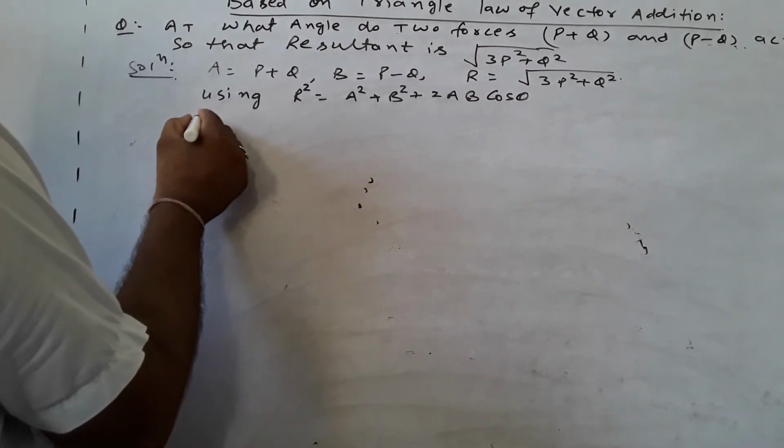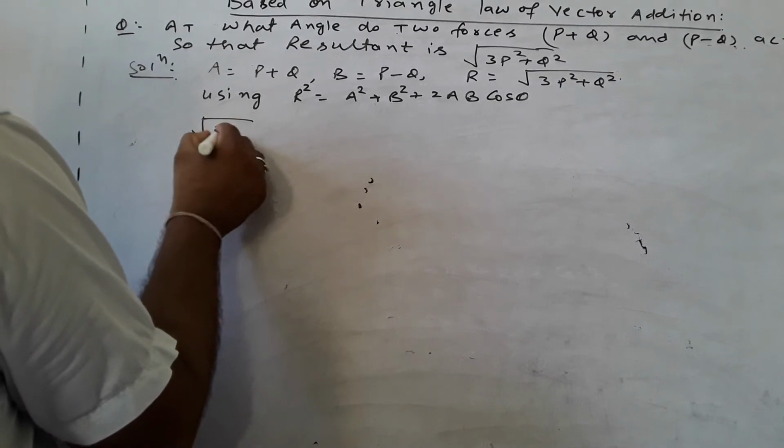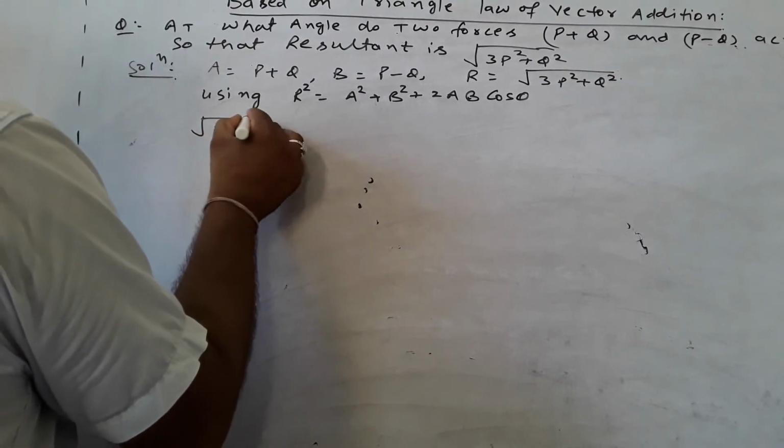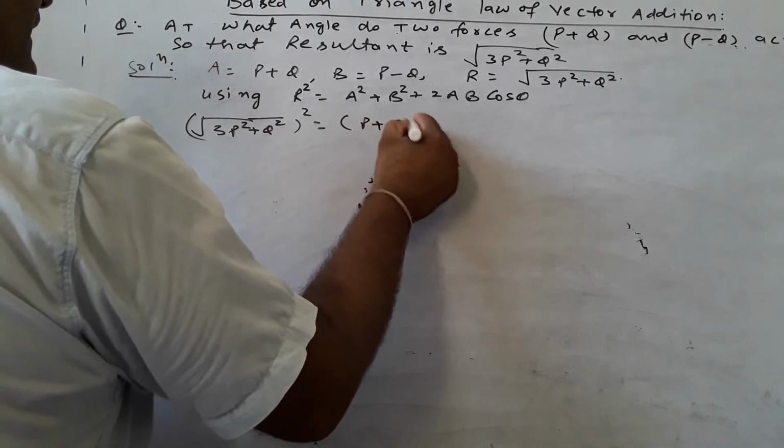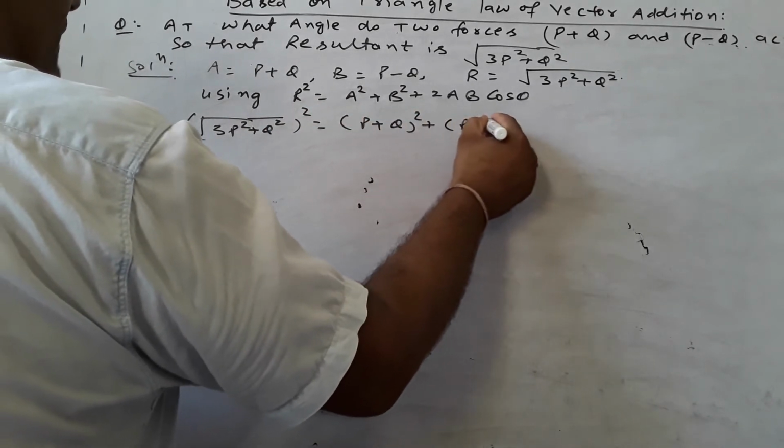Put the value of R: under root 3P square plus Q square whole square. A is P plus Q whole square, P minus Q whole square.